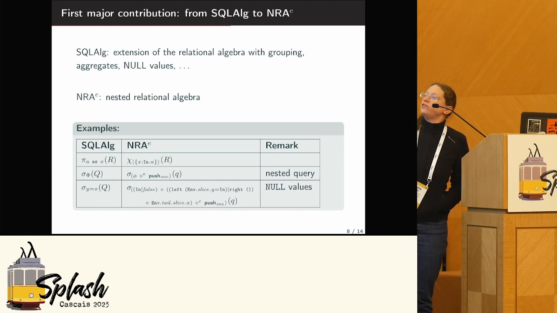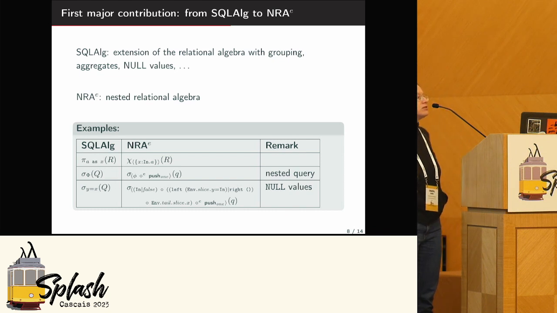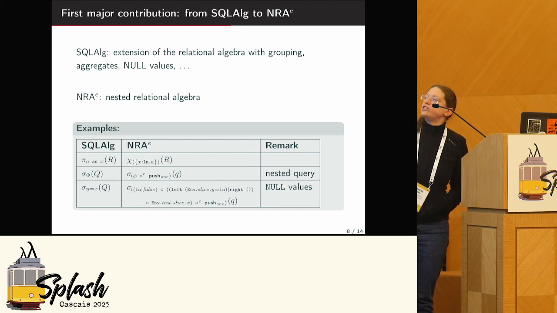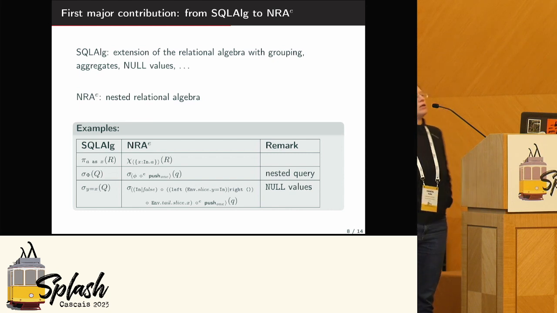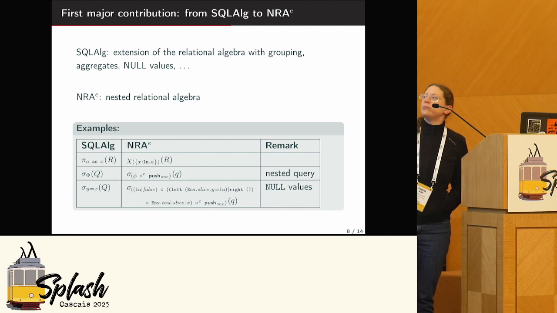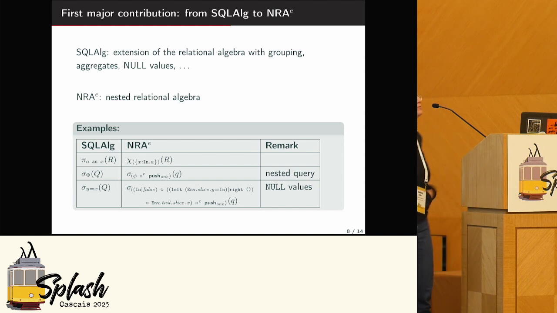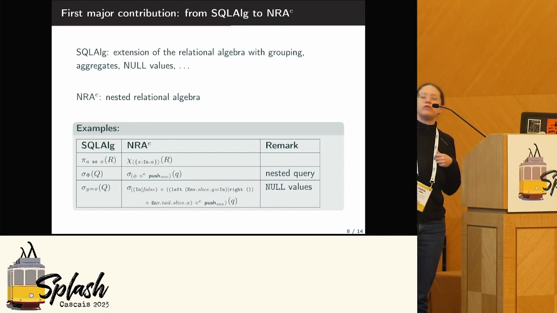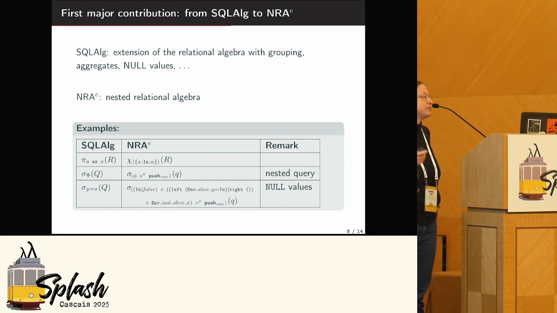Another example, if now we know that the formula phi is y equals x, for instance, then the translation of this formula is not just y equals x. It's actually a bunch of things to reflect the fact that y or x may be null values, and so the equality may return unknown. So we go into three-value logic, for instance, that is reflected by the fact that we have left to represent actual values, and right to represent unknown values.